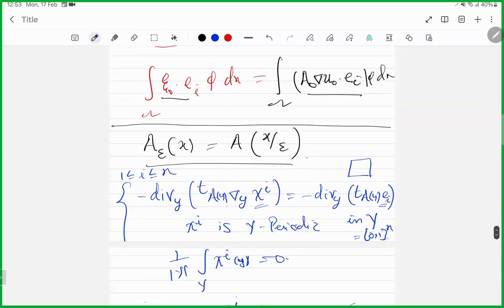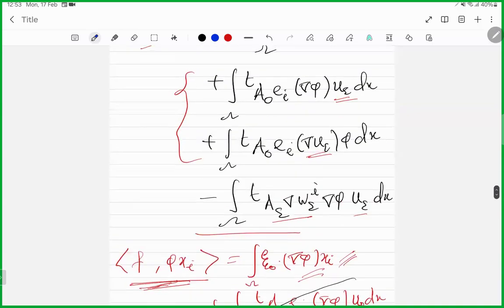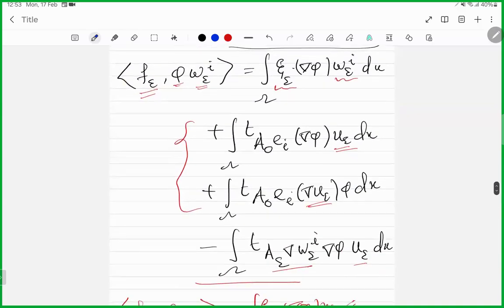So this is weakly converging to transpose of A0 EI.